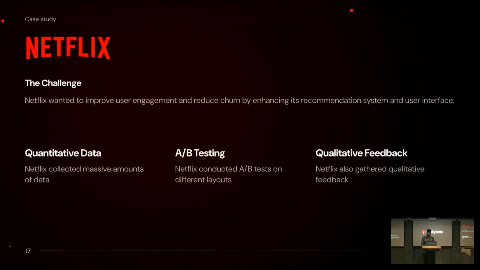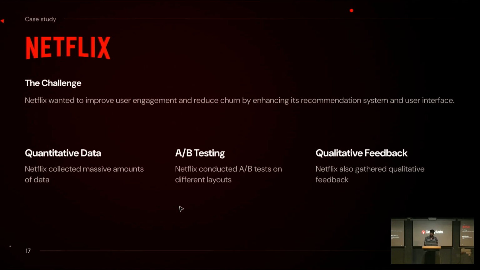This kind of data gave an understanding of what is the most engaging content for users. They also did A/B testing. In A/B testing, they tested a lot of UI layouts, thumbnail designs, and recommendation algorithms to see which version actually led to the highest retention rate and user satisfaction.